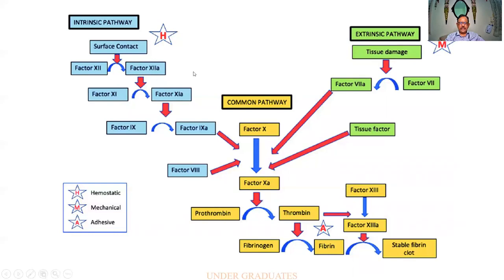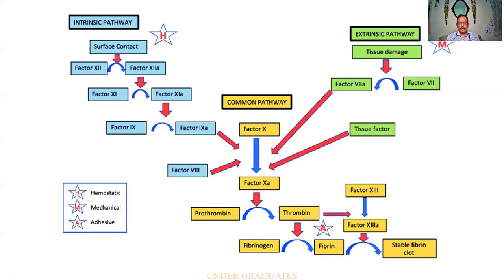And what we are seeing on the screen is the role of these clotting factors in the prevention of bleeding or the arrest of bleeding. There are two pathways which can lead to it. One is an extrinsic pathway, another is an intrinsic pathway. Whatever it be, you find that there is a cascade of events.